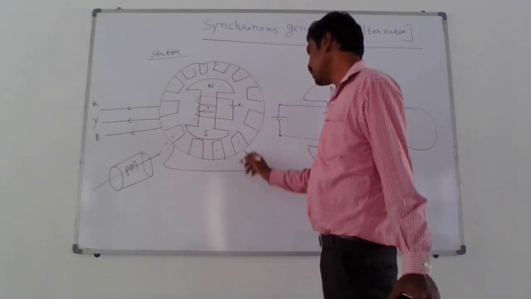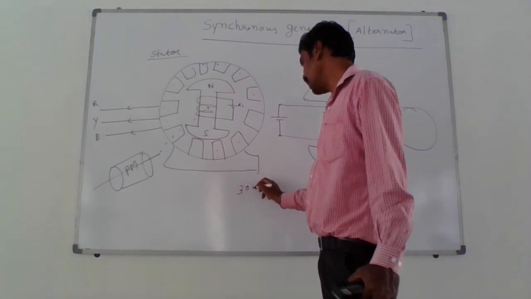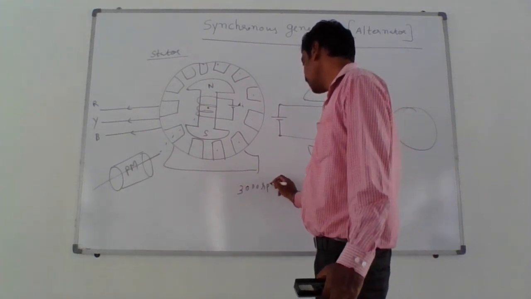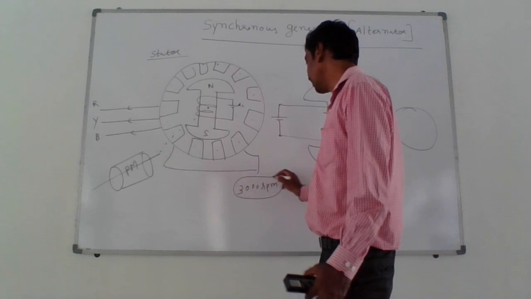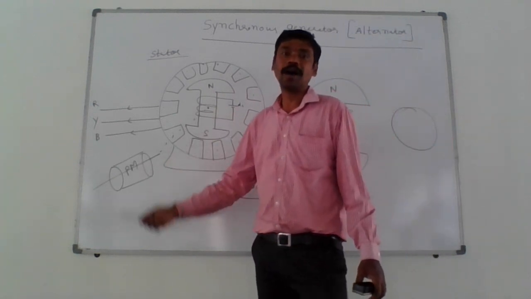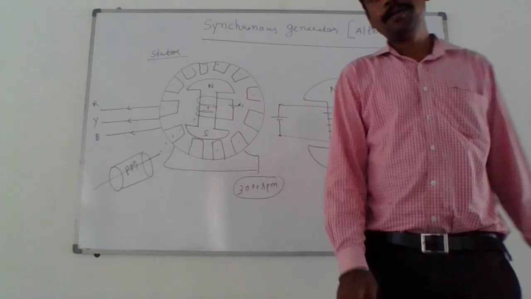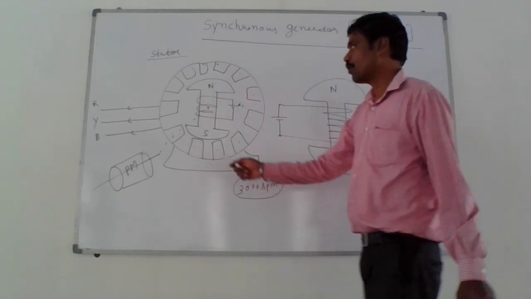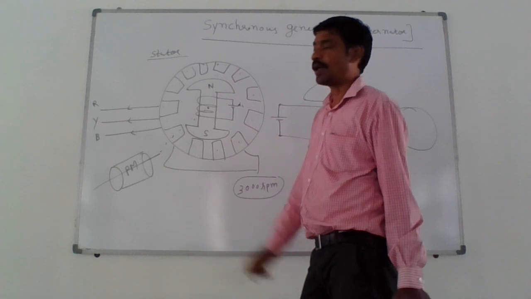Say the speed of this rotor is 3000 rpm. So we have to rotate this rotor at 3000 rpm through the prime mover. Prime mover may be anything.